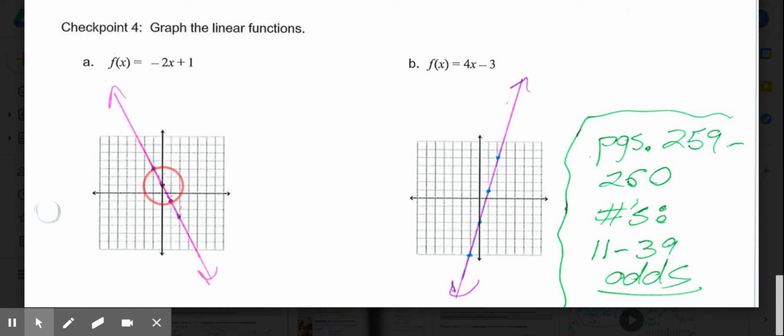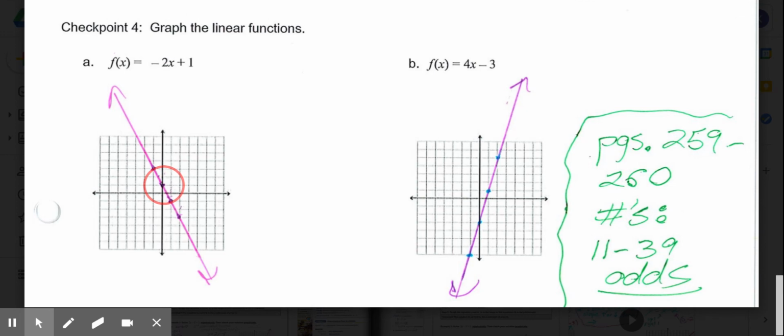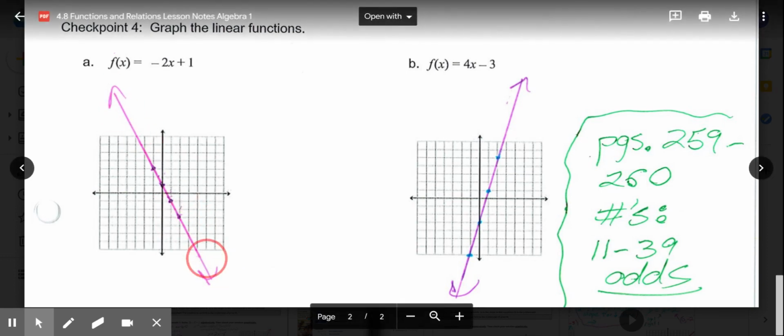There's my y-intercept. Slope is always attached to x, so it's a negative 2, or negative 2 over 1. Because it's a negative, we go down, then right. So down 2, right 1. So from the y-intercept point, down 2, right 1, there's a point. Down 2, right 1, another point. And you can draw your line.